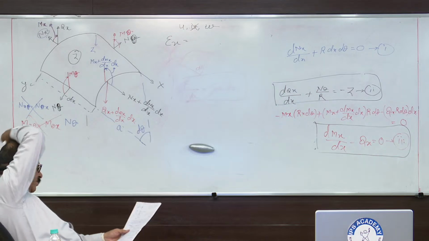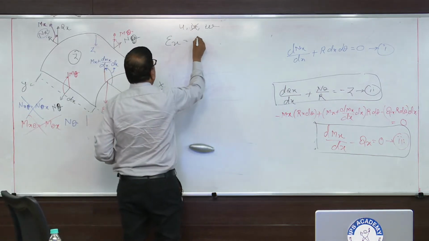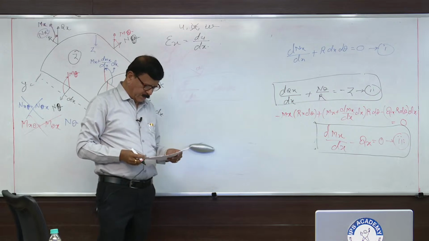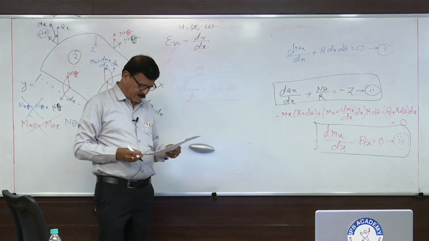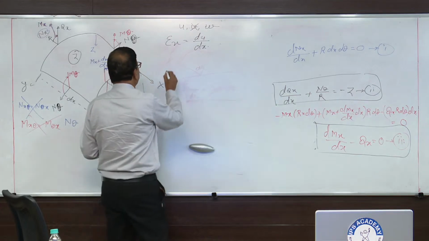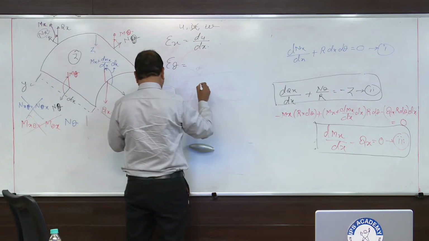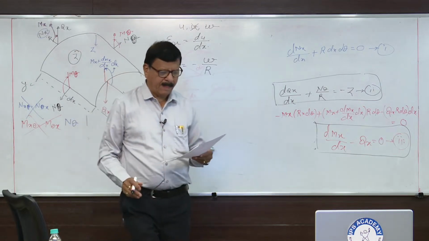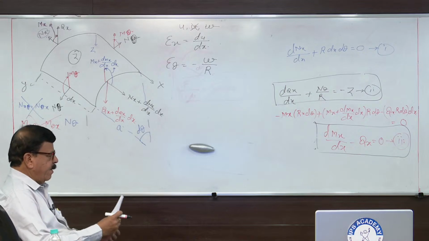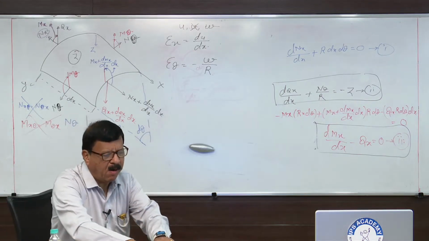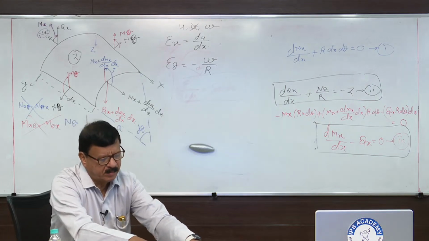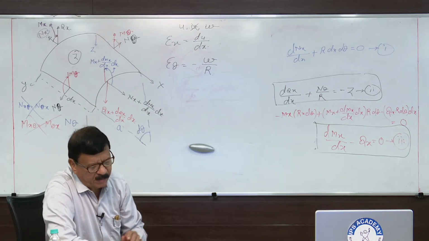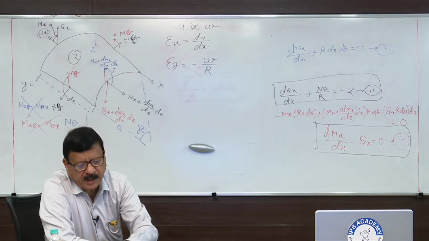Yes sir, del u upon del x और mu भी तो आएगा उसमें, minus mu into del v upon... इसमें del u upon del x है, तो उसमें सिग्मा के टर्म्स हैं। इसमें epsilon theta लिखा हुआ है, epsilon theta equals minus w upon r, E theta, displacement E theta.